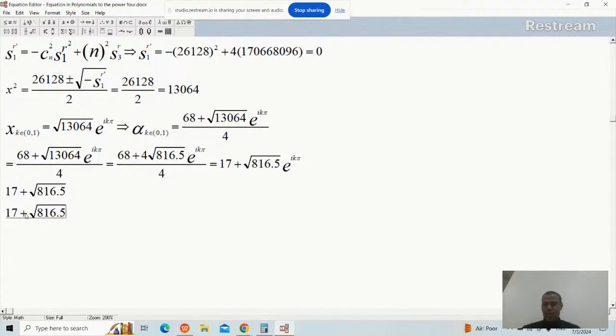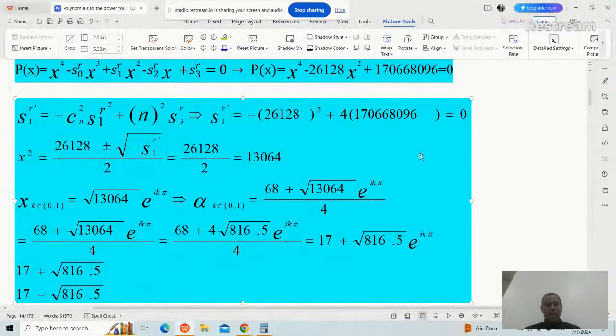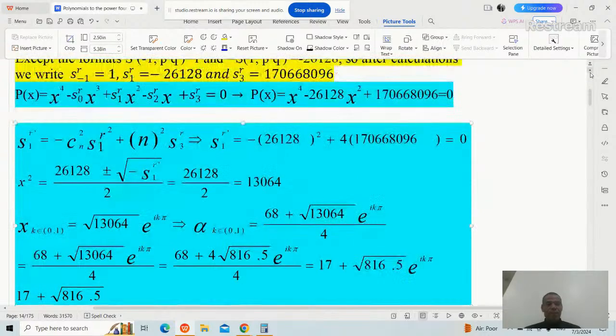This is minus. So we have double roots: 17 plus the root of 816.5 and 17 minus the root of 816.5. Now we'll close this one and go back.